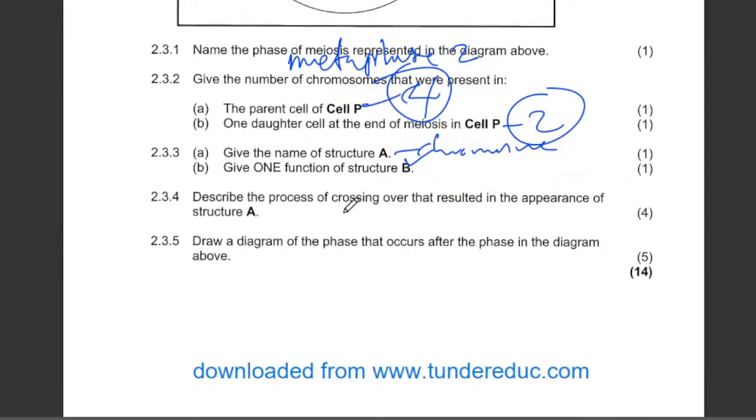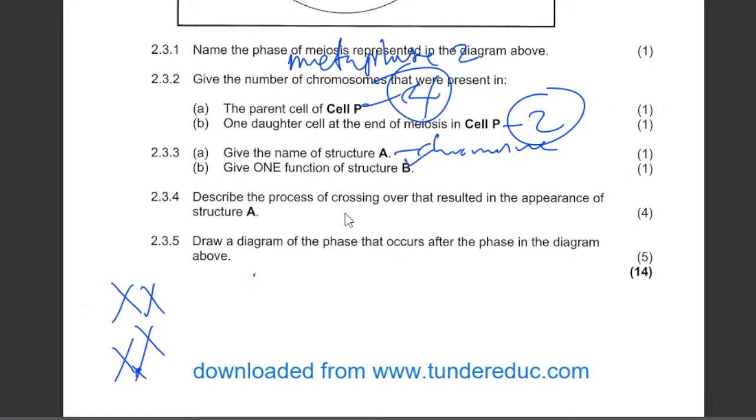Crossing over, basically you look at the homologous chromosomes. They align together. Chromatids of homologous chromosomes cross over at a point called the chiasma.